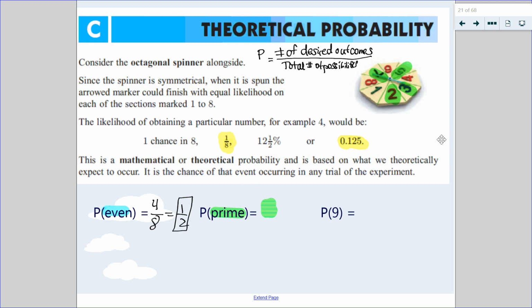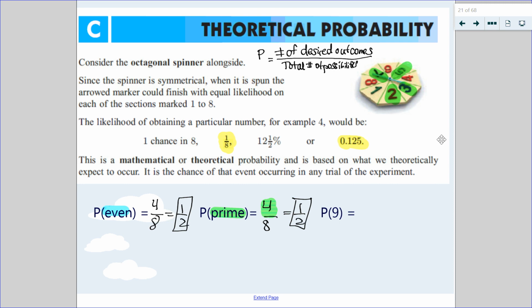So of our primes, the number of desired outcomes, or primes, are 1, 2, 3, 4. So for this, it's also 4 out of 8. So we have 1/2. So again, 50% chance on this spinner of getting a prime number.